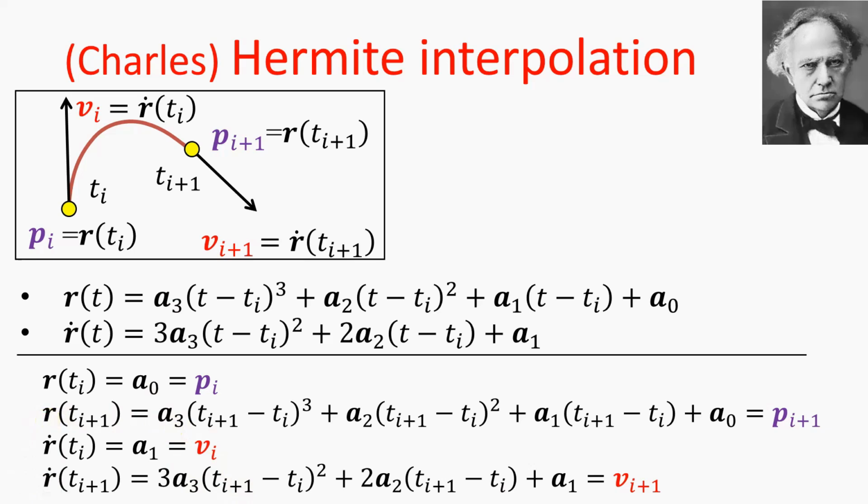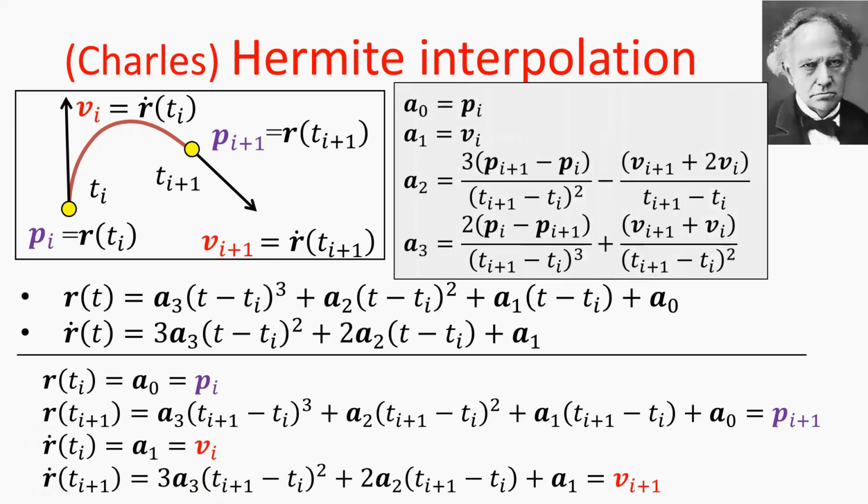So this is a quite simple linear system of equations which can be solved, and the solution is summarized here. From the starting point, ending point, starting velocity, ending velocity, and the knot values, that is the time at the beginning and at the end, we can obtain the four unknown coefficients. So the Hermite interpolation curve is fully specified.